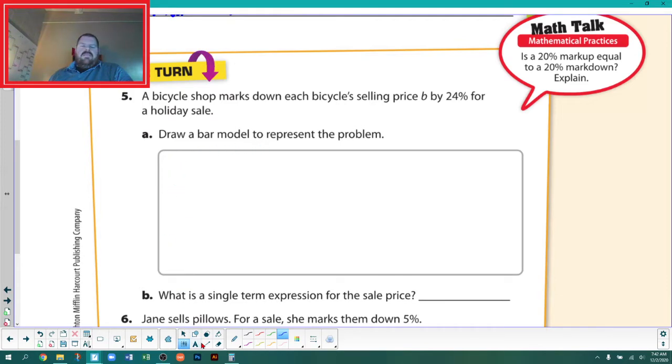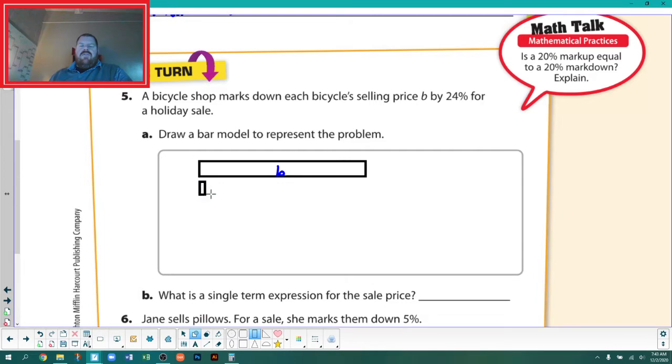We can do that. Let's pretend that's my original cost B. So this is my B. And they sell it for 24% less.